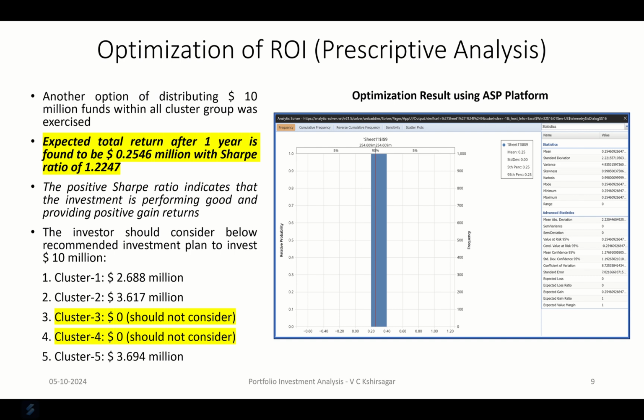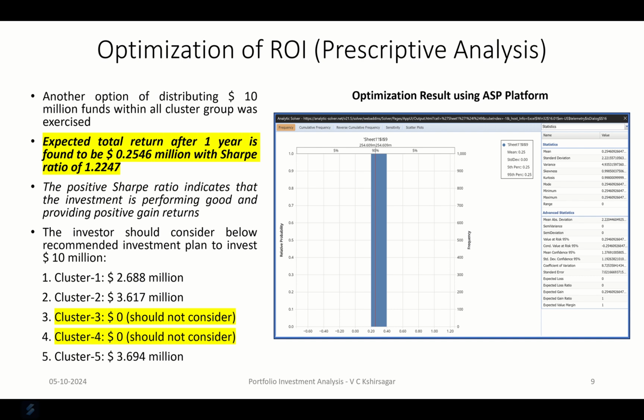They should also note importantly that they should not invest in cluster 3 and cluster 4, as these groups are found to be more risky towards causing losses to the investor. Thus, the overall analysis of the investment portfolio for the investor is presented in this brief presentation. The investors are also advised to follow the above guidelines while making investments in different cluster groups.